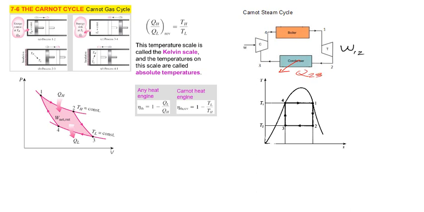Then the work input to the compressor can be represented by W34, and lastly the heat supplied to the boiler can be represented as Q41. So this is all the energy transfer by heat and work. For the turbine, of course, we are going to have the work output from the turbine.